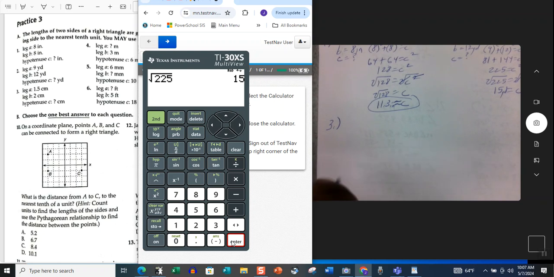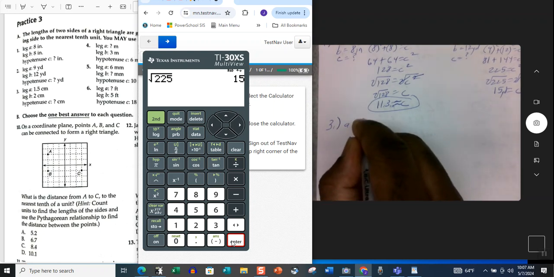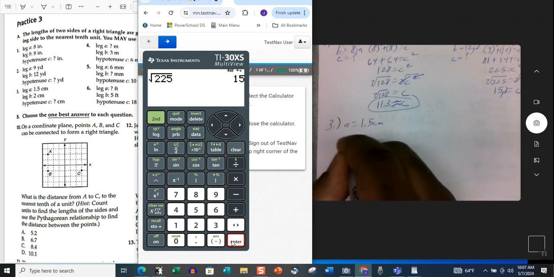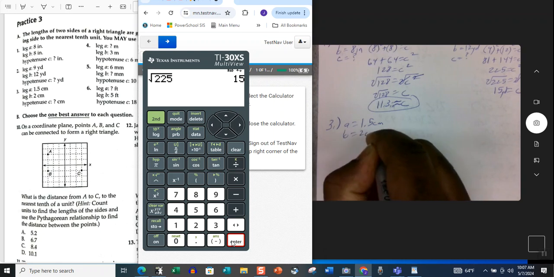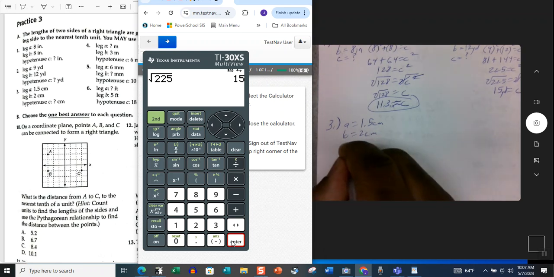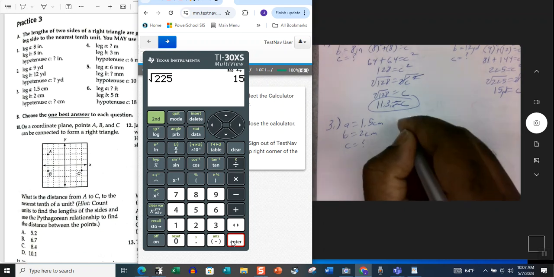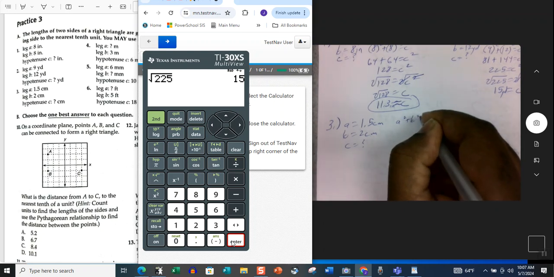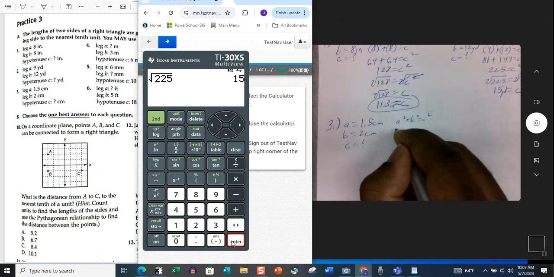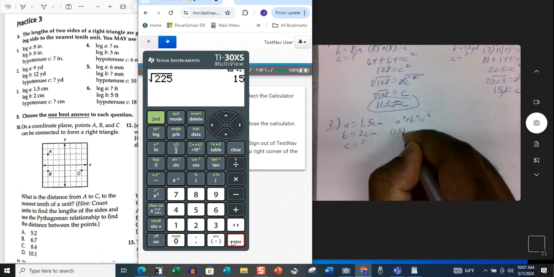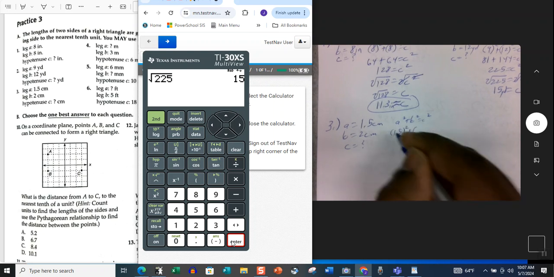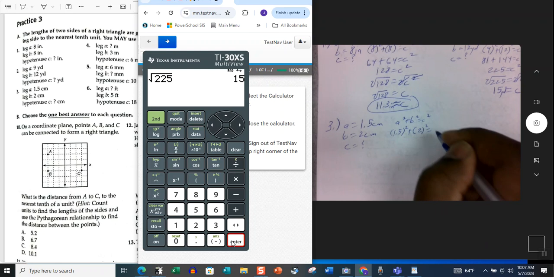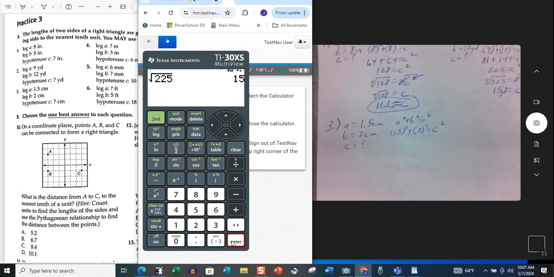Problem 3, they have A is 1.5 centimeters, B is 2 centimeters, and C we don't know. So again, we have A squared plus B squared equals C squared. A is 1.5 squared, B is 2 squared, and we don't know what C is.